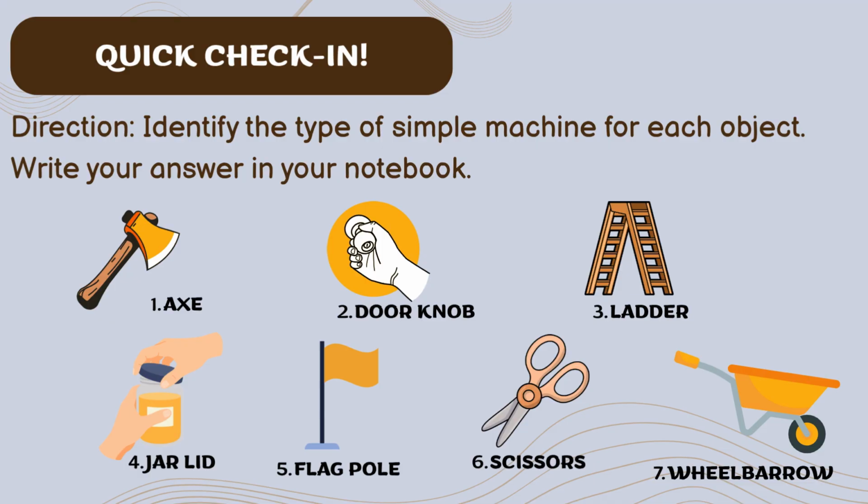Second, doorknob. Third, ladder. Fourth, jar lid. Fifth, flagpole. Sixth, scissors. And seventh is wheelbarrow. You can answer more than one simple machine.